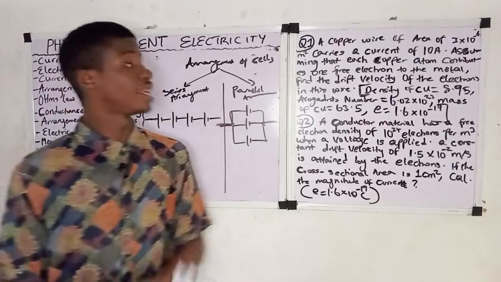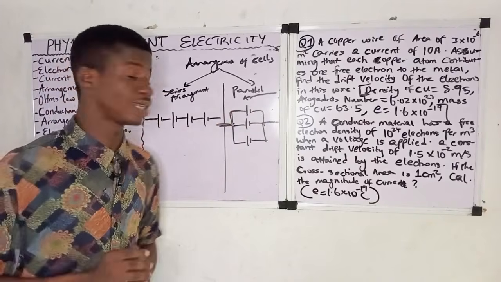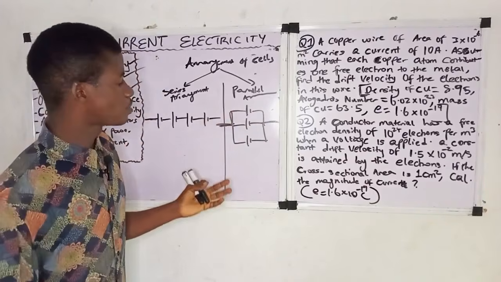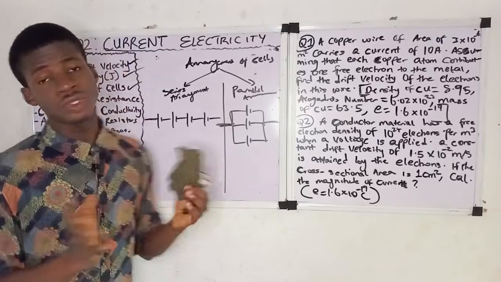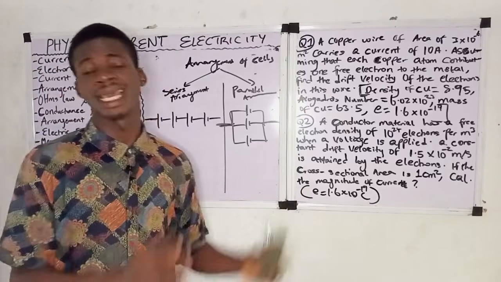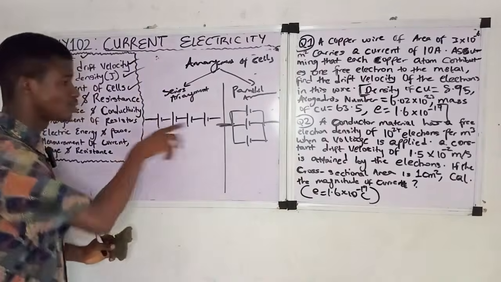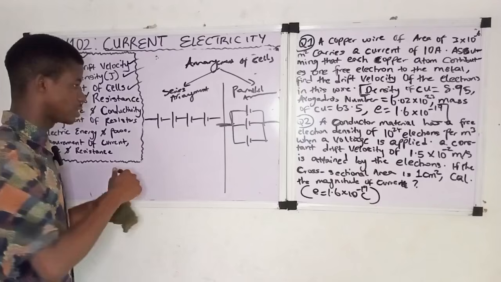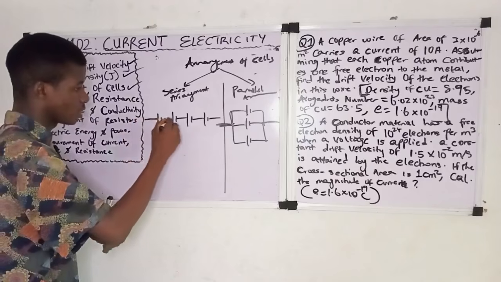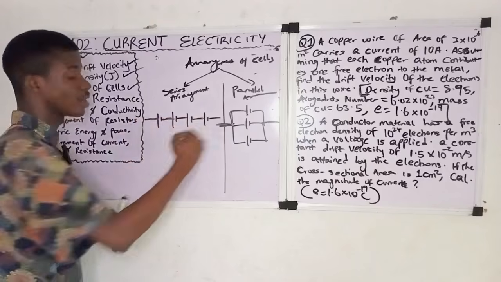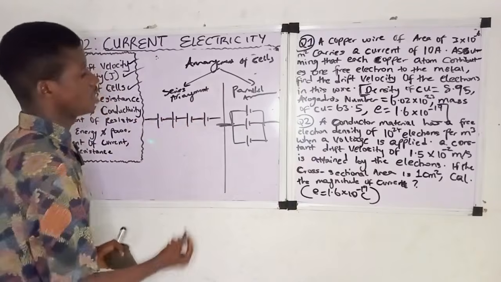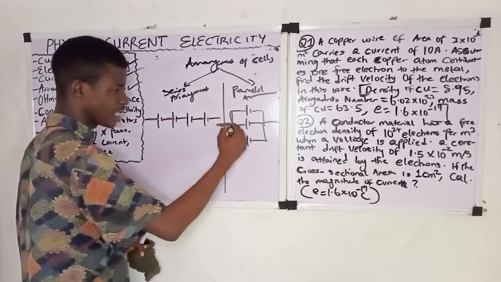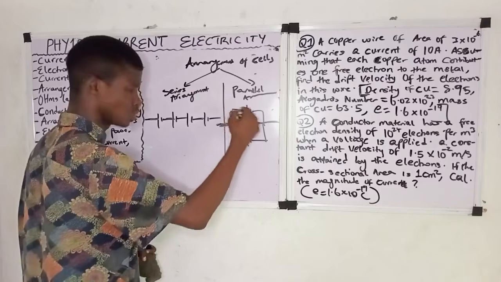How do you know a parallel? I told you guys in our last two classes or so. For series, they are connected by one single wire. But in parallel, there's usually a division.